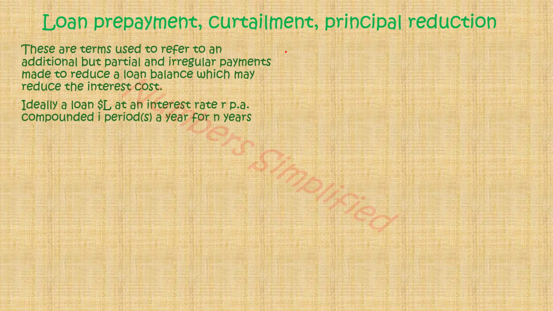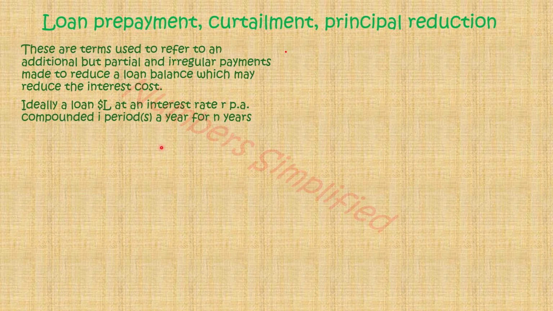So ideally, take a loan of L dollars at an interest rate of R% per annum compounded I periods a year for N years.